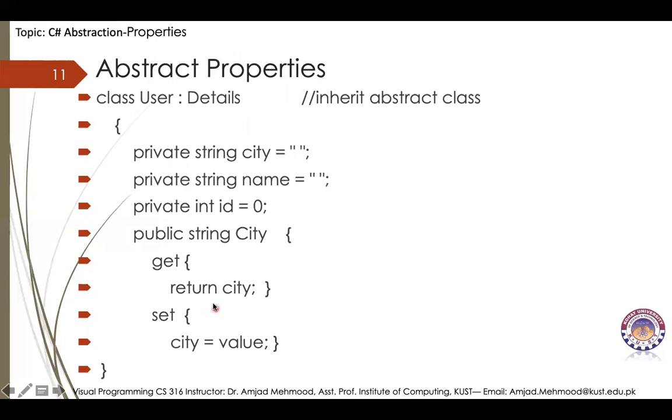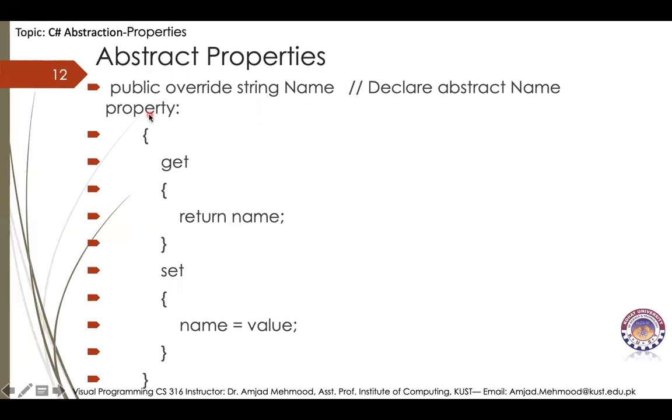This property is related with the User class, but as you know, you can see here override. This means the child class is overriding its parent property that is called Name. So here you can see that get, you will get this name, and similarly this is how you set and this is how you get. So this is how you set the value and this is how you get the value.